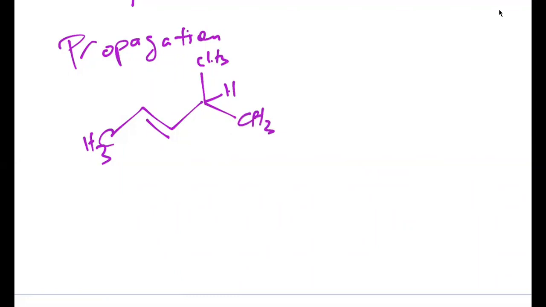On propagation, that's when I go through and abstract a hydrogen from the chain. How does that happen? Anybody remember from part 1? So I'm going to break this C-H bond right here. Are you following?